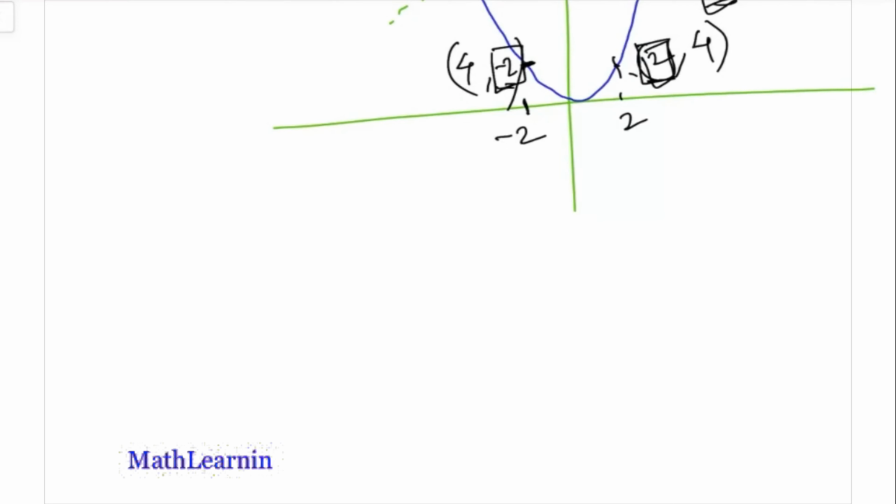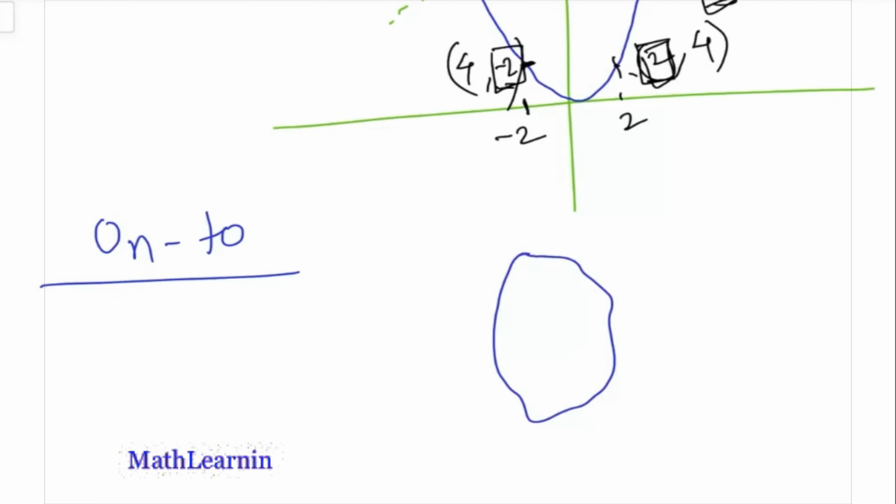Now the other type of function. Once one-one is done, what is the next type of function? Onto function. What is the meaning of onto function? Basically, each element should have an image. Geometrically, if there are 4 points, each of these 4 points must have one particular representative in the other set.